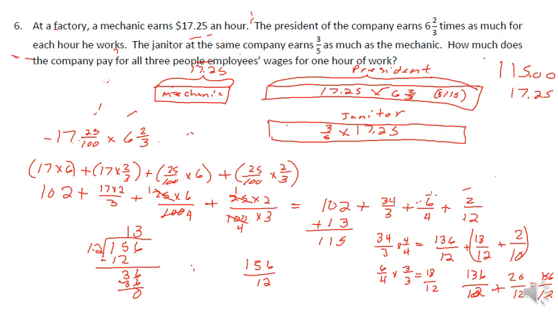Now we got to figure out the last one with the janitor. Now the janitor was 17 and 25 hundredths times 3/5, which is going to equal 17 times 3/5 plus 25 hundredths times 3/5. So let's go ahead and I got 17 times 3 over 5 plus, and we got 25 times 3 over 100 times 5.